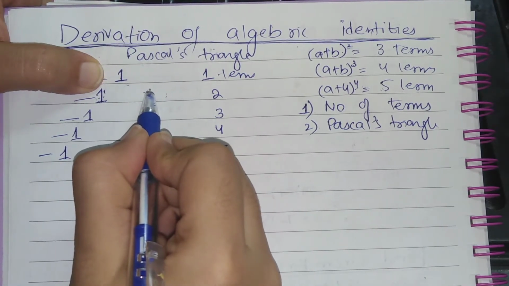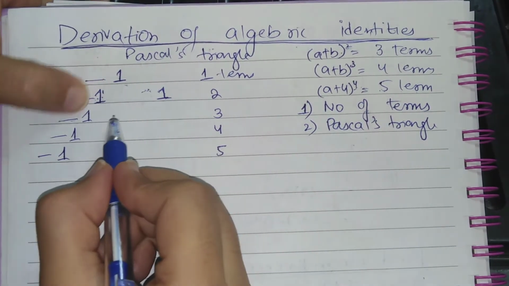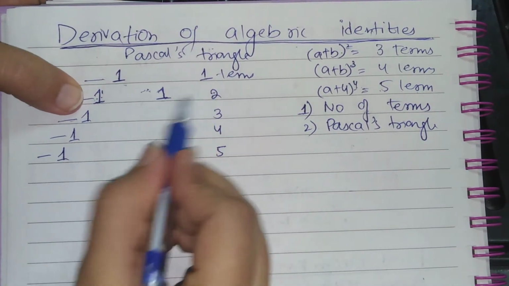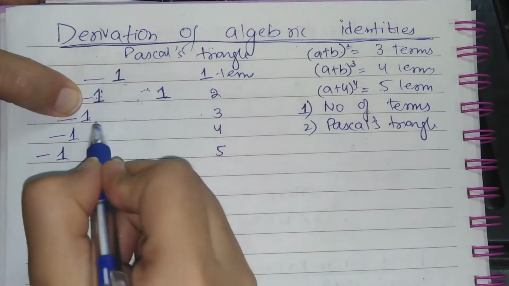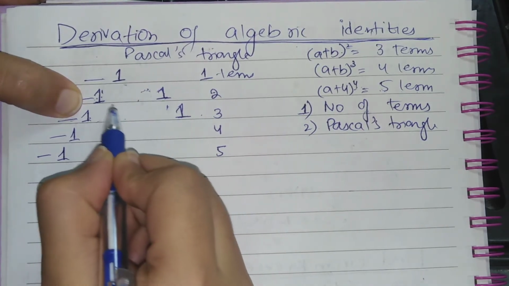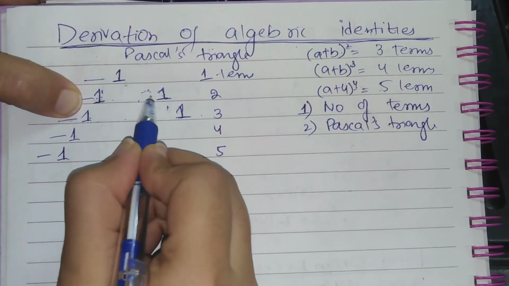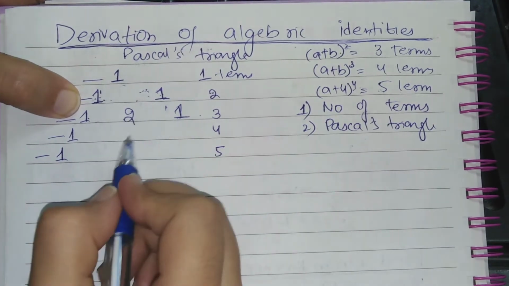There are only 2 terms in the second row, so we will write 1, 1. One term increases. In the third row there will be 3 terms. So we will write 1 here, and the middle term will be the sum of these 2. So 1 plus 1 is 2.